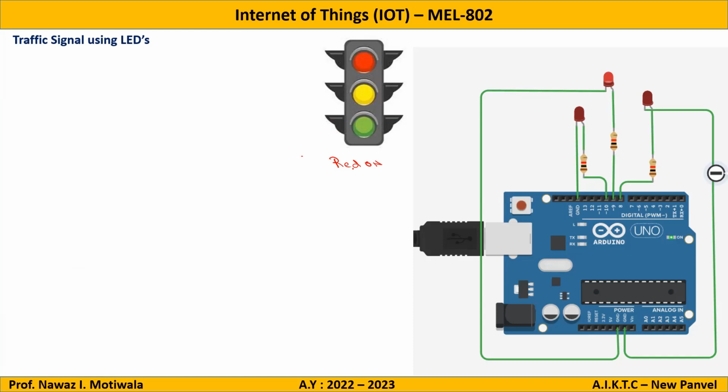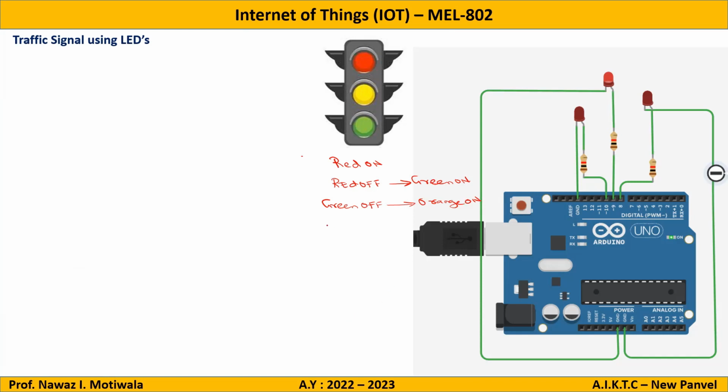So after red on, whenever red is off, at the same time green activates. So green becomes on for some time, then traffic moves. Then what happens? The green light goes off, and at the same time, orange light or yellow light goes on for some seconds.